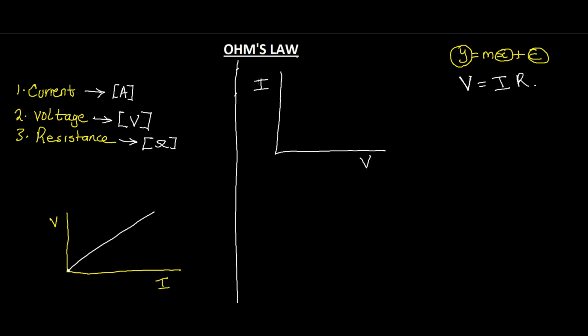So we need to put our equation in this form, whereby the y-axis is current. Now for us to put current on this side, we need to take this current on this side. So let us just take out this resistance so that current remains the same. So this one goes, and then our current will be equal to voltage divided by the resistance.